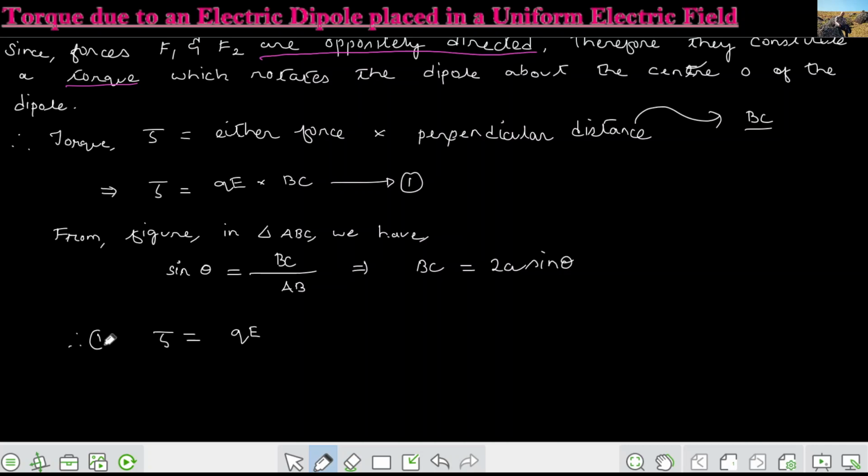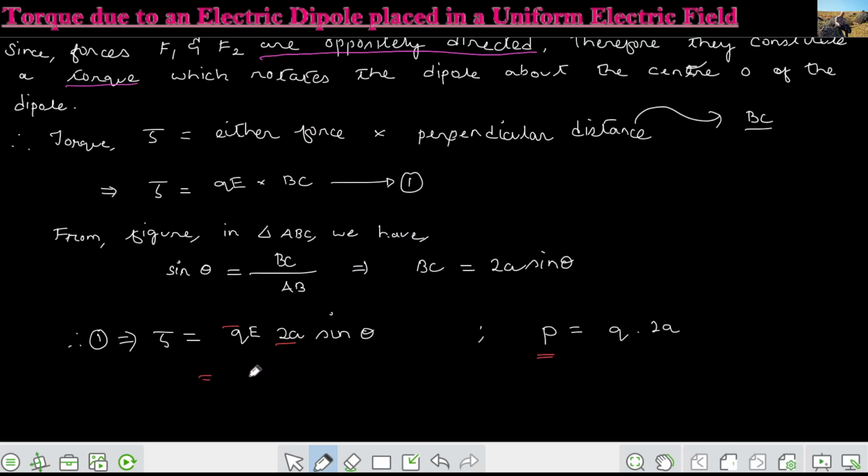Therefore, equation 1 implies tau equals qE times BC. What is BC? BC will be 2a sine theta. We have also learned that the electric dipole moment p is equal to the product of the charge and the dipole length. So it is very evident that the factor q and 2a is nothing but this dipole moment p.